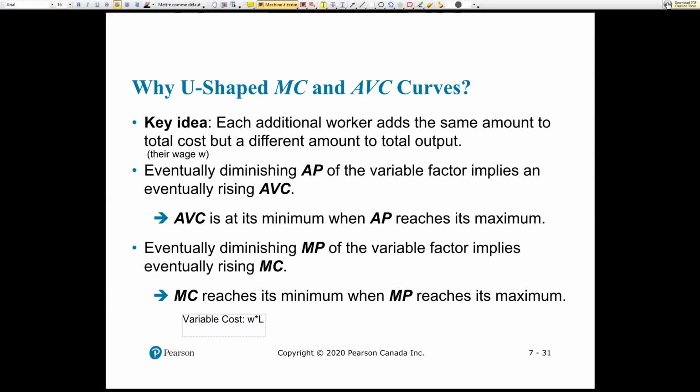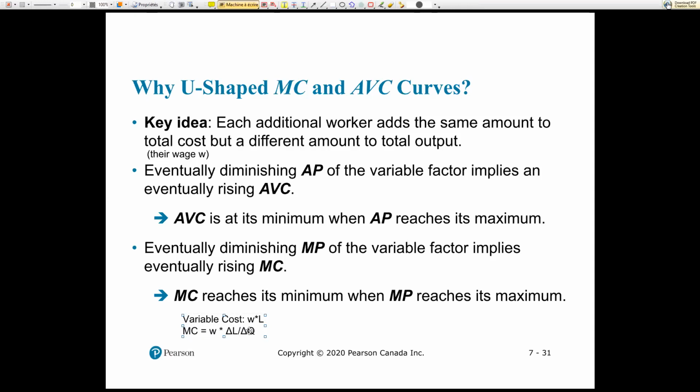So marginal cost is the wage multiplied by the increase in labor divided by the increase in output. So if I want to increase my production by 1 unit, how many extra workers do I have to hire? That gives me my marginal cost there.